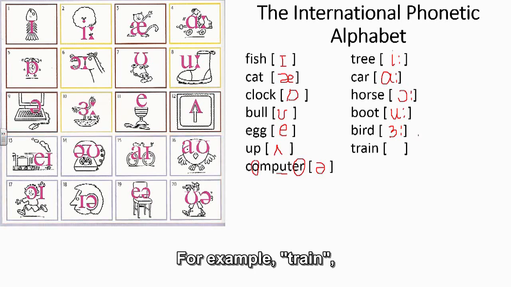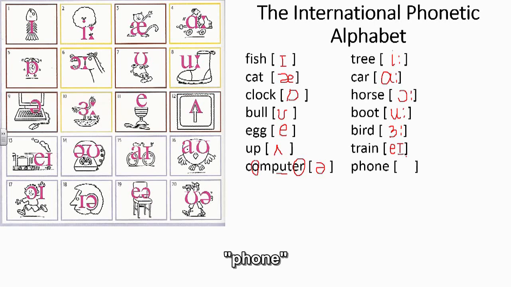For example, train, phone, bike, owl, boy, eye.